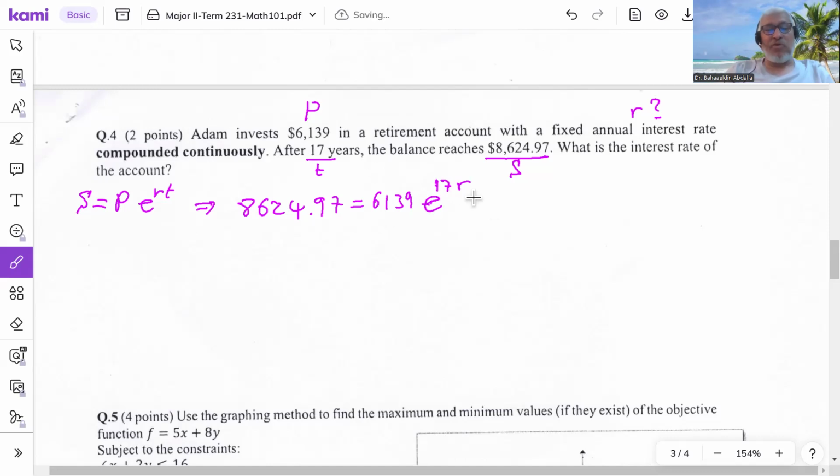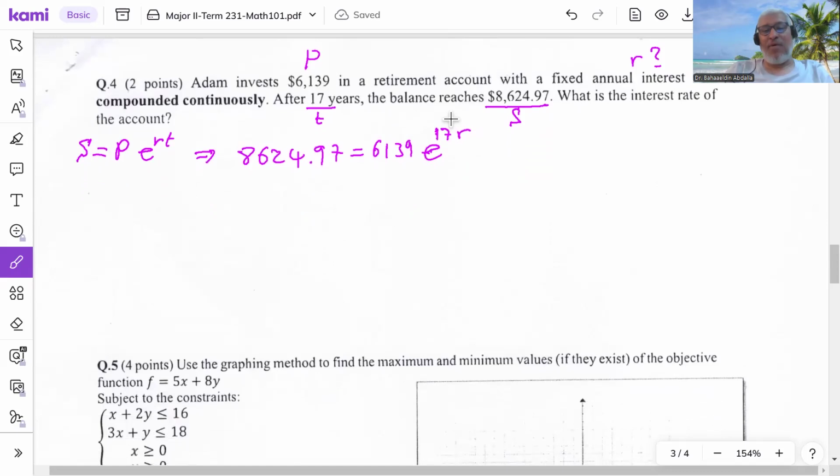All right, now how to solve this question? R is in the power. So how can I bring it down? How can I solve this equation for R? You have to apply ln to both sides, because ln b to the power R is R ln b.